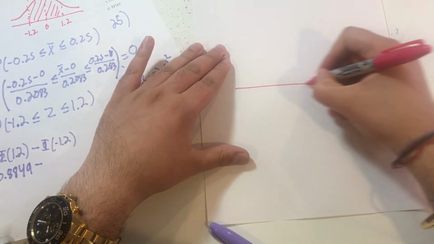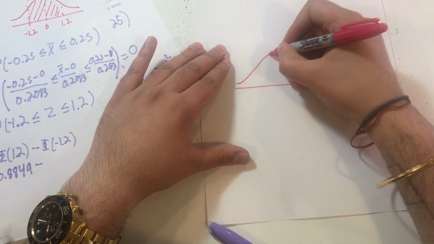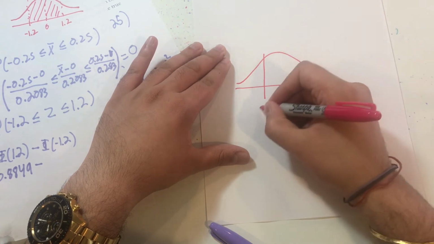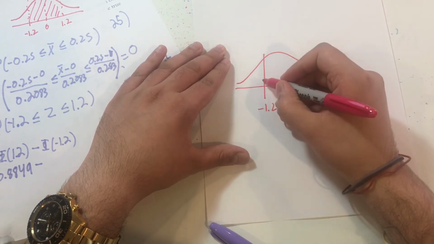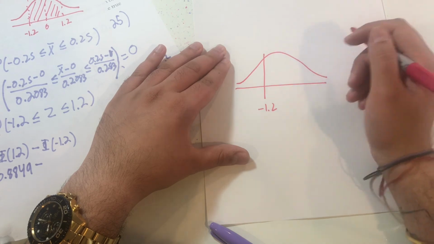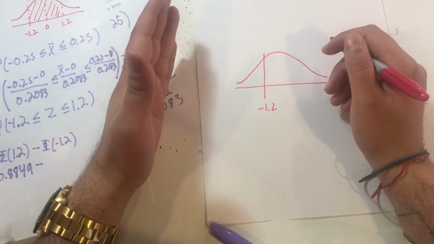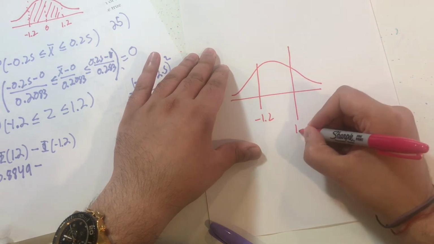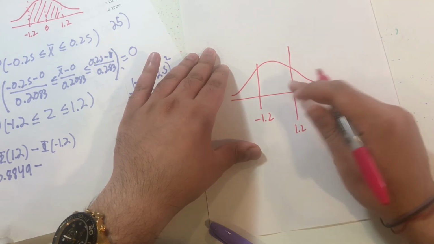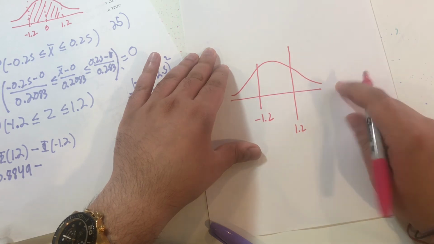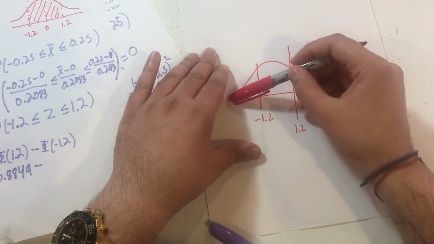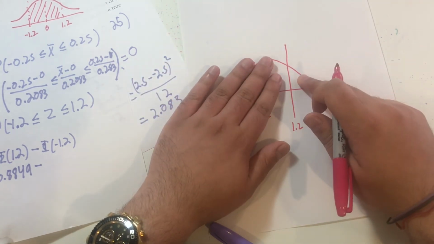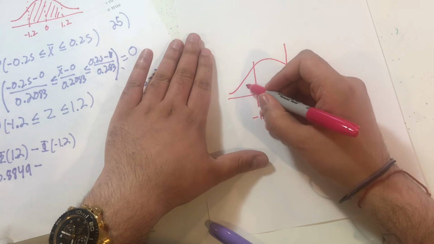I got a normal distribution, something like this, right? And let's say I want to calculate, okay, this is a negative 1.2. I need all the things back here, but I don't have negative values on my z table. Since this is symmetric, if I find the z value for 1.2, right, the area under this entire curve is 1, and I find the area under this and subtract from 1, I'll get this area, which will be the exact same as this area.